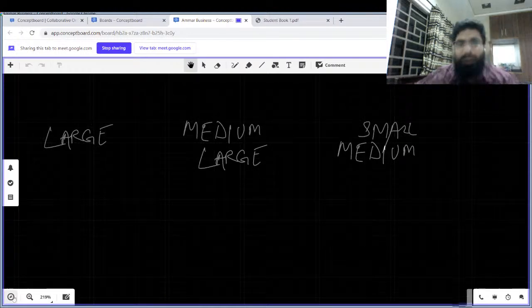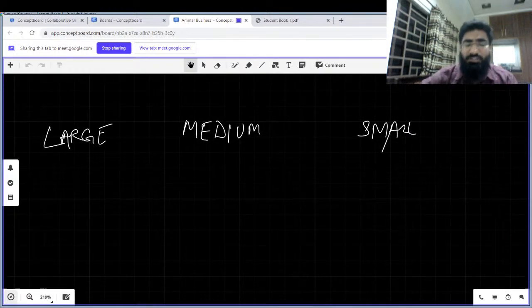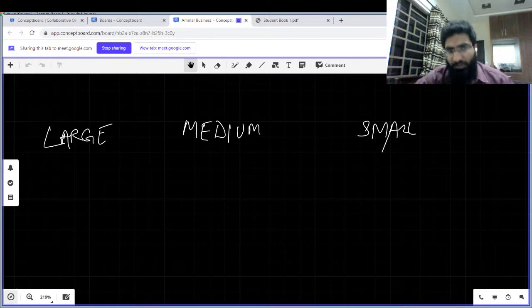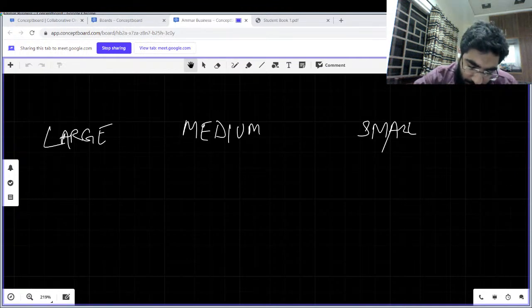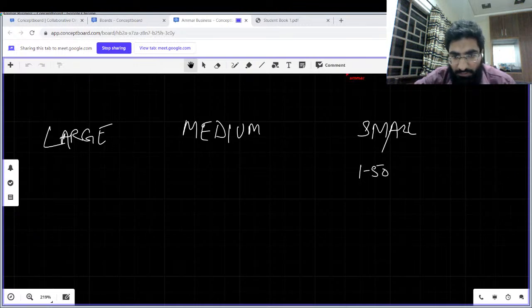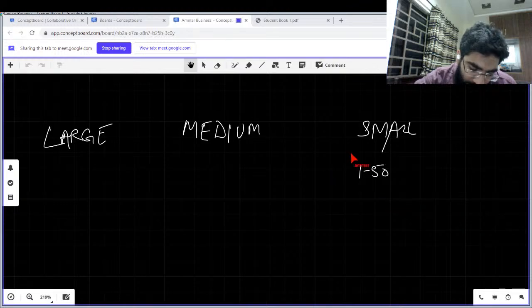There could be a number of criteria that I use to distinguish between sizes of business. Here, my main criteria is staff. So for small businesses, I have 1 to 50 employees. For medium sized businesses, I have up to 250 employees.